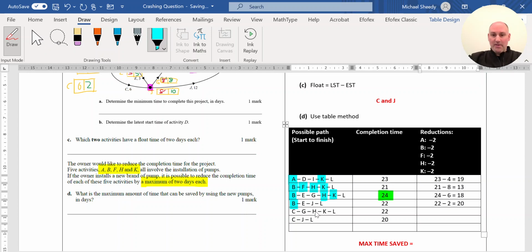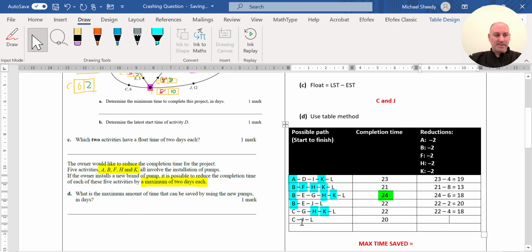The 5th path I've identified, C, G, H, K, L. Again, C is not one of the activities I can reduce, nor is G. H, yes. K, yes. L, no. So I can reduce 2 activities, each of them by 2 hours. So its original time of 22, I can subtract 4 and have that as 18.